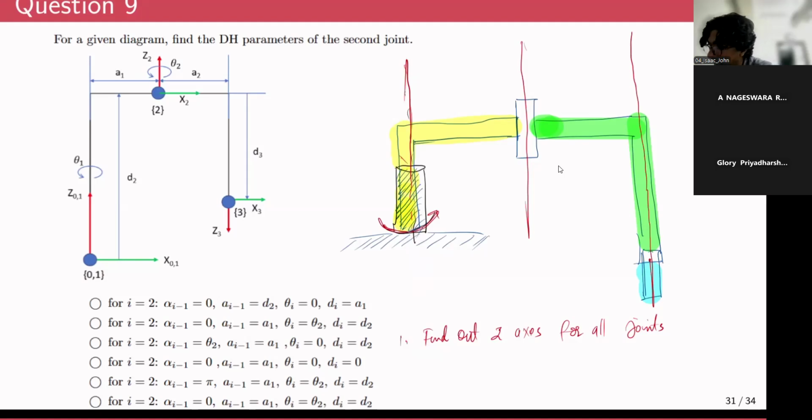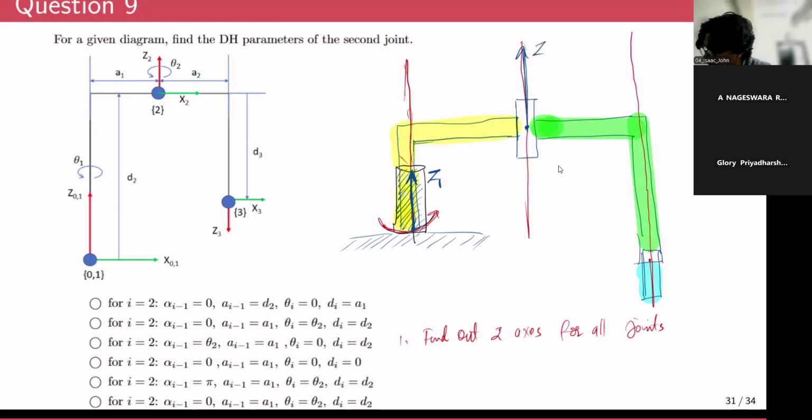For the time being, I'll keep it here itself. I'll denote this axis over here as Z1 corresponding to the first revolute joint. And I'll keep the second Z axis along this line, maybe somewhere around here.